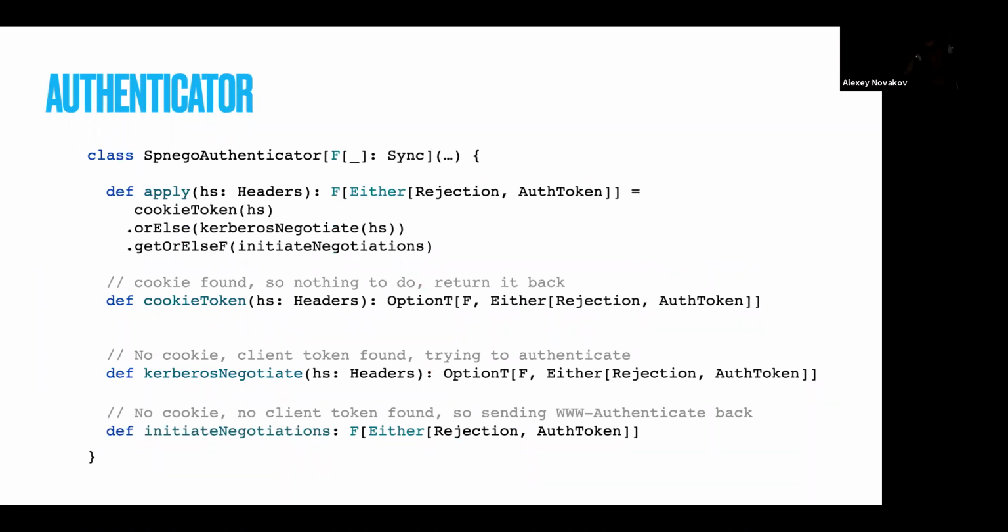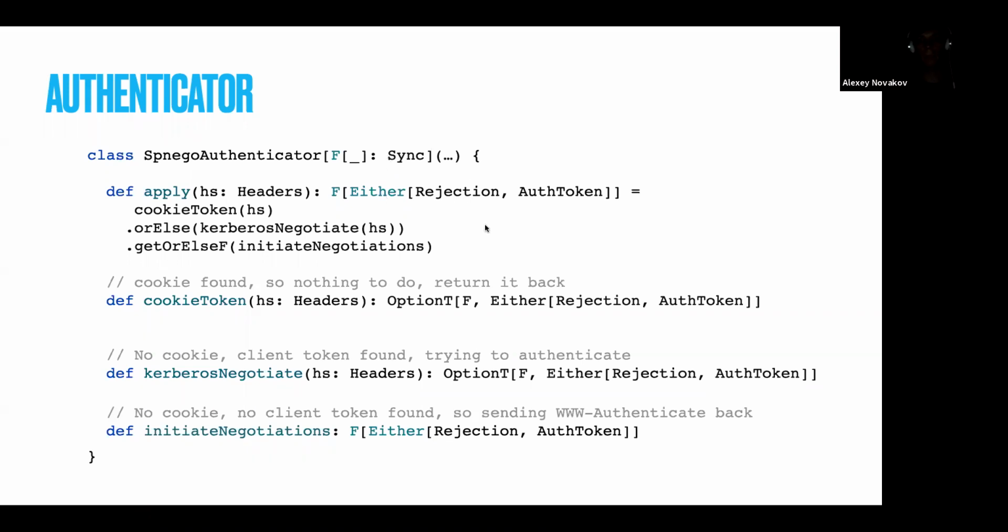So there is some Spinnaker authenticator that has an entry point we called apply that takes the headers. It will work on the level of headers because you've seen that Spinnaker is actually only interested in the HTTP headers. And the result of this authenticator will be F of Either.